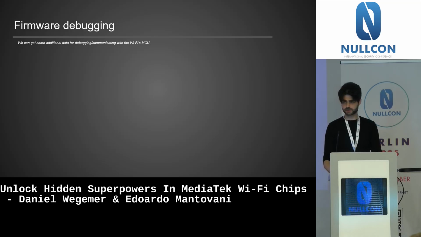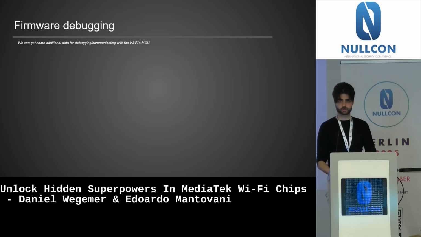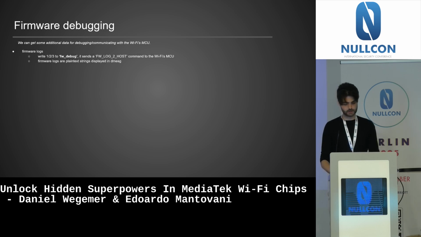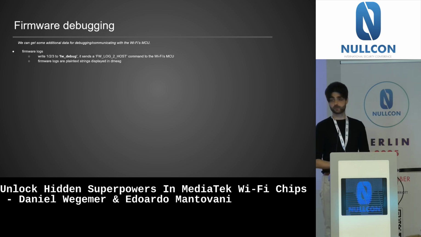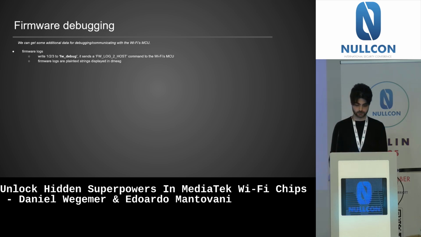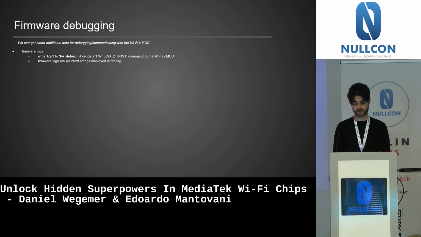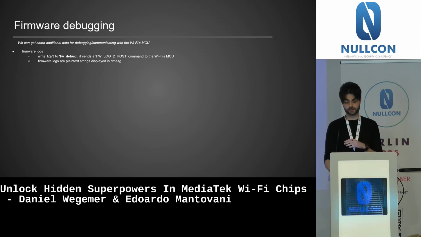And now, let's talk about firmware debugging, because we also want to understand how the firmware works, and how it is possible to communicate better with it. So we have some tricks we have found. For example, we can get the firmware logs, and this works by sending a value between 1 and 3 to a specific file in MT76, and under the hood this will send a specific command called firmware log to host to the Wi-Fi MCU.